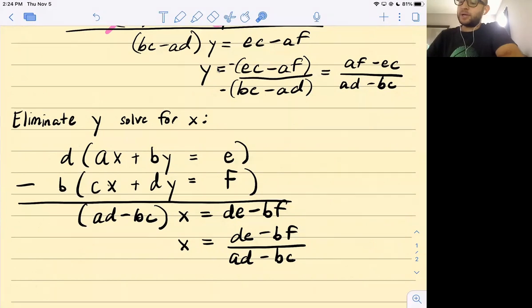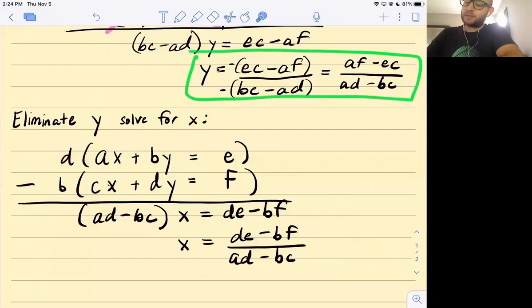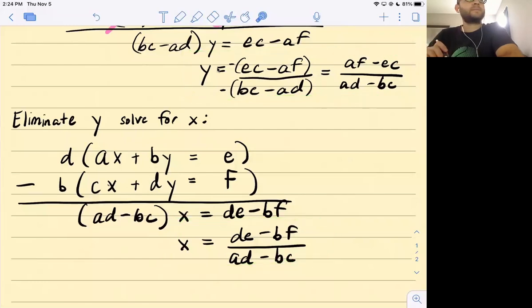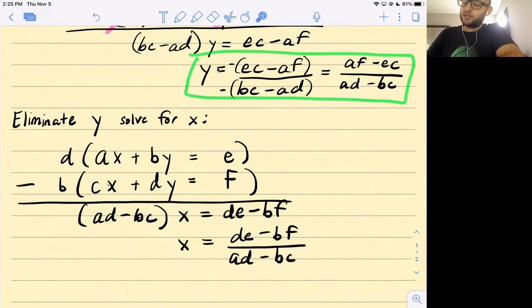Okay, so what do you guys notice about these two answers? What do they have in common? There's one expression that they have in common. These are the answers that just depend on the numbers that you have in your system.